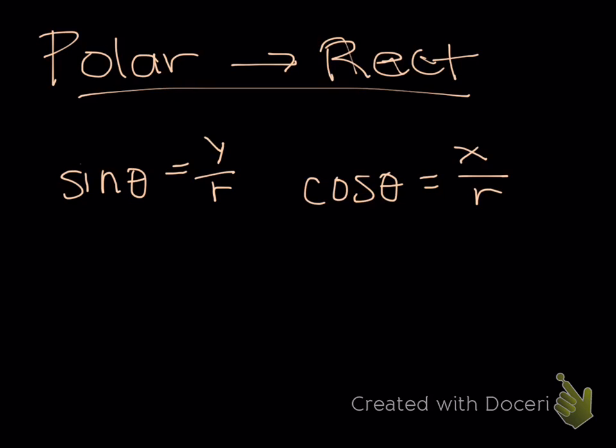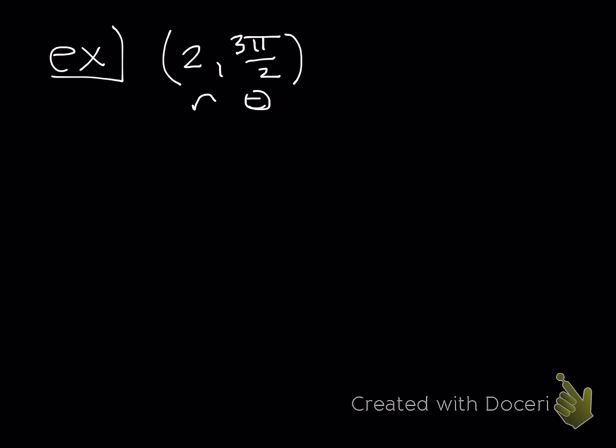So for our first example, our coordinate that we're going to convert is 2 and 3 pi over 2. So notice right now we have an r and a theta, and the goal is that we need to find an x and a y.